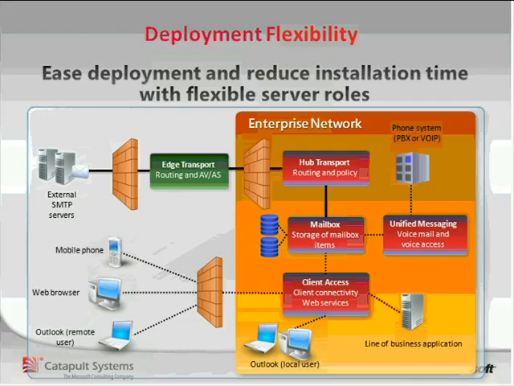They're doing a much easier phased implementation, and with the flexibility that we have in server roles, they have that capability. Exchange 2010 is a modular system, just like Exchange 2007 was. We have the 5 server roles: edge transport, hub transport, mailbox server, client access server, and unified messaging.